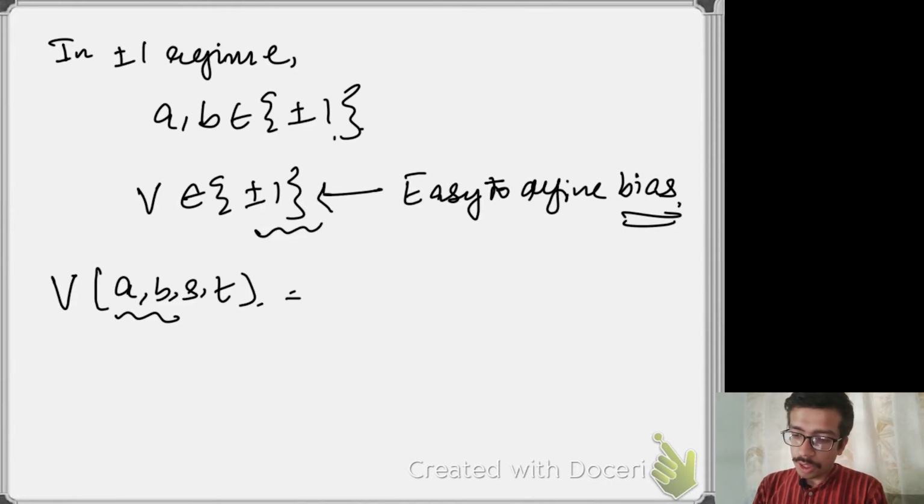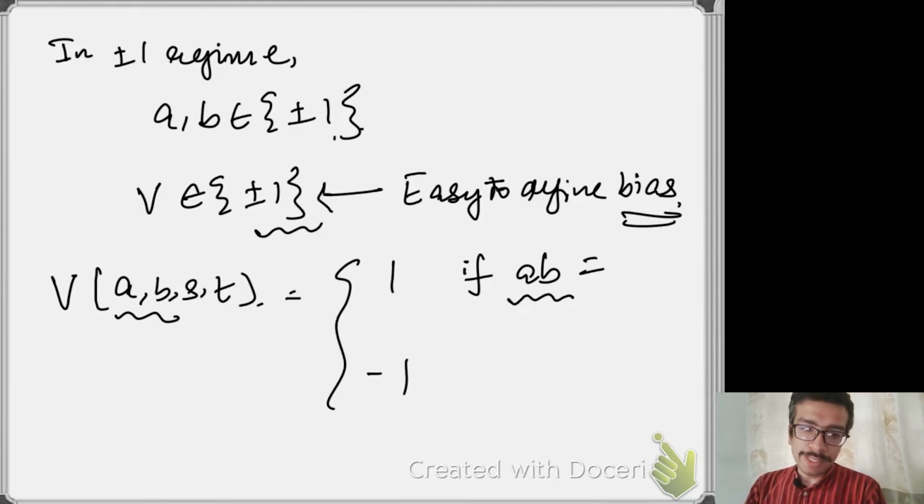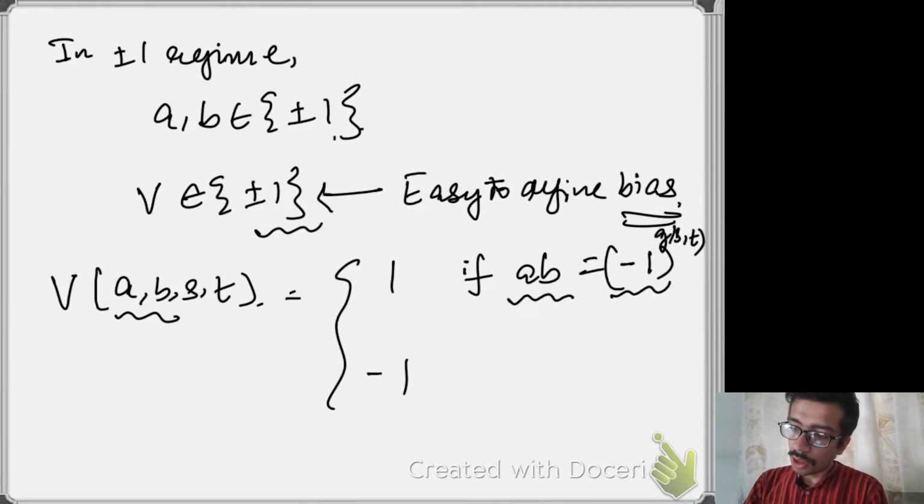So here V of A, B, S, T can either be +1 or -1, and for it to be +1, the product AB has to be either +1 or -1, depending on the values of S and T. So what I can write is that it's equal to (-1) to the power G of S, T for some function G, because G is the function which tells me whether I want AB equals +1 or AB equals -1 in the winning condition.